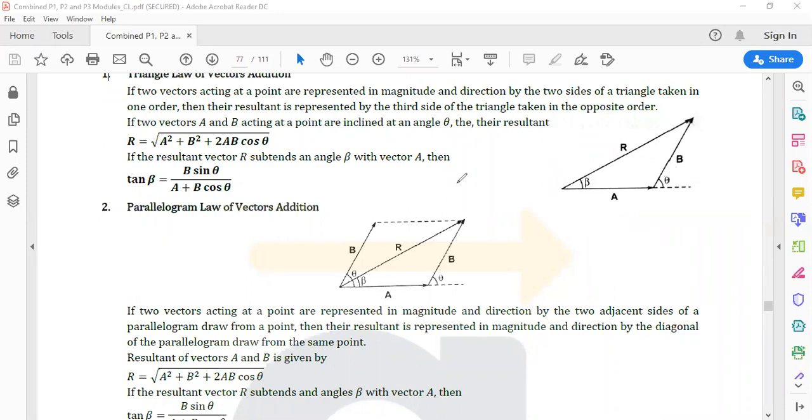We have already studied that the angle between any two vectors is the angle between their tails. So this is their tail, right? The angle between any two vectors is the angle between their tails.